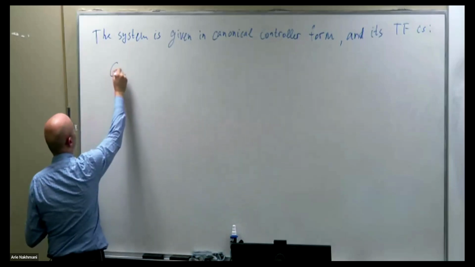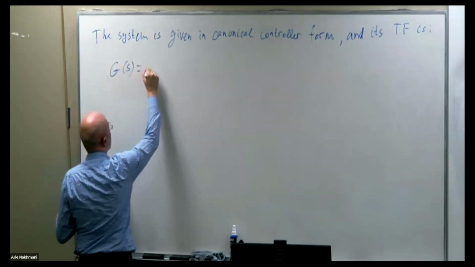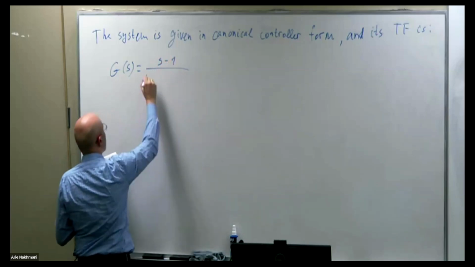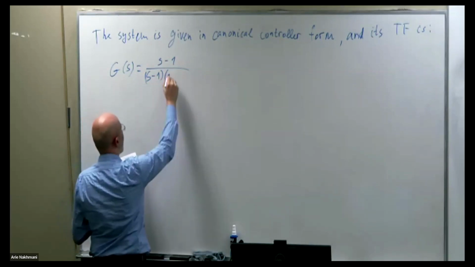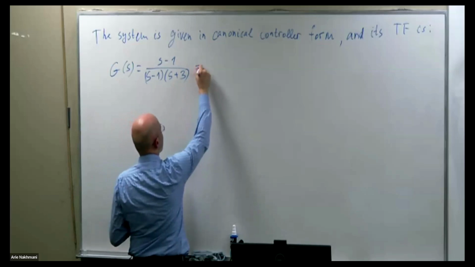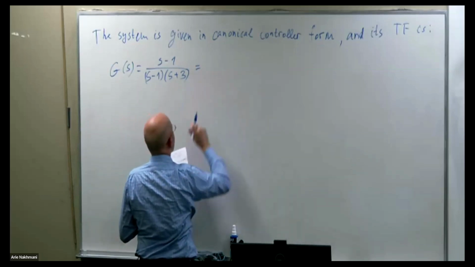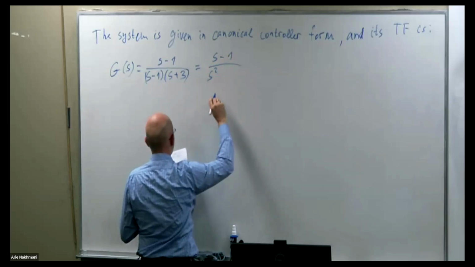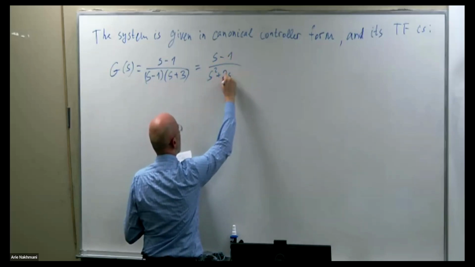The transfer function will be G of s equals s minus 1 divided by (s minus 1)(s plus 3). And obviously you can write the same thing as (s minus 1) over (s squared plus 2s).